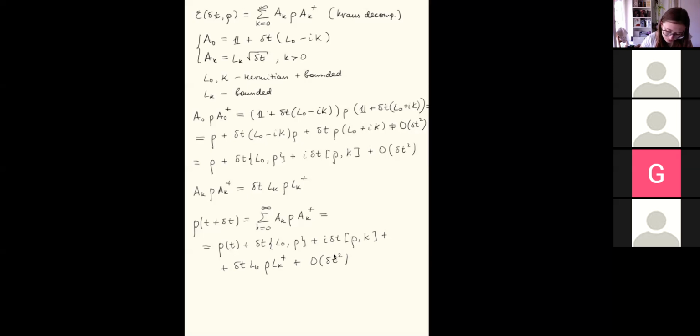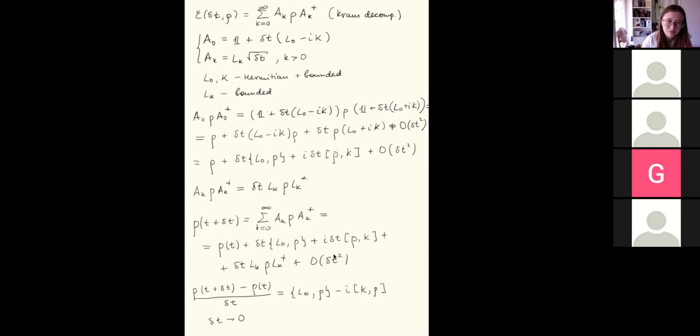Okay, so now we do the same trick. We look at the following expression, rho of T plus delta T minus rho of T over delta T, with delta T tending to 0. And what we get here is the following. So we get L0 rho minus I commutator K rho.